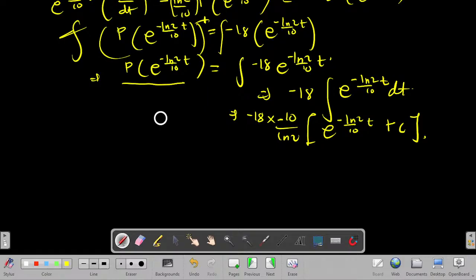So now at this point, I'll simply expand here and divide through by this expression. So my p then becomes negative 180 over ln 2 e to the power negative ln 2 t over 10 plus c.